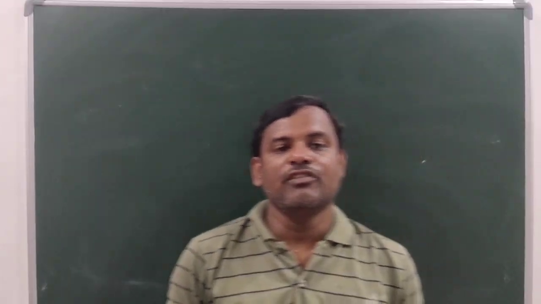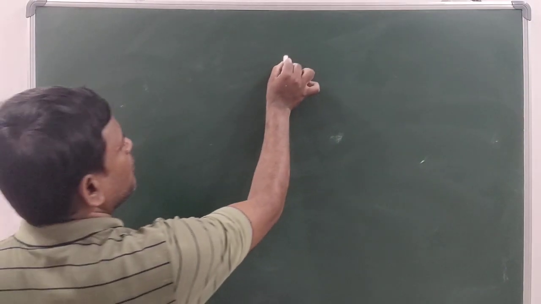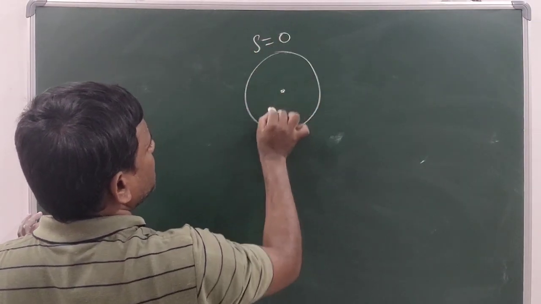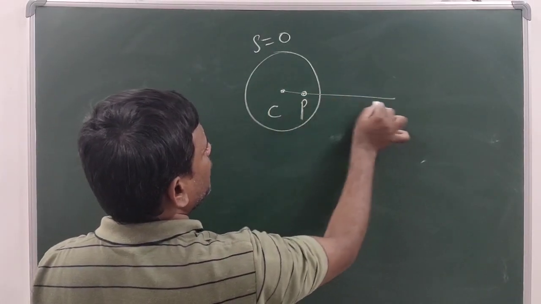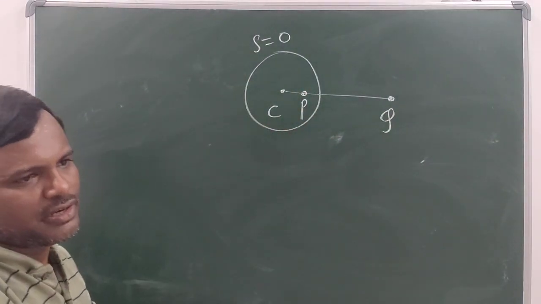Right. Next, let us go to the inverse points of a circle S equal to 0. This is the center of the circle, and two points P and Q are called inverse points with respect to this circle.